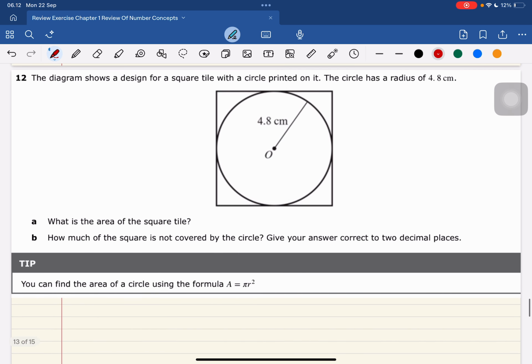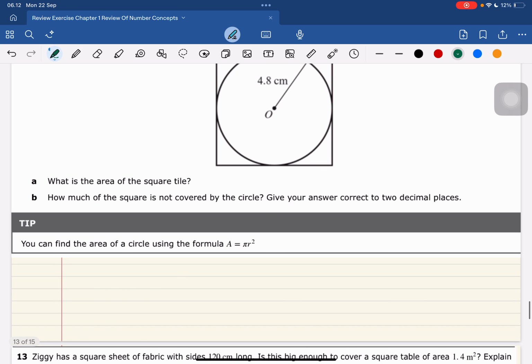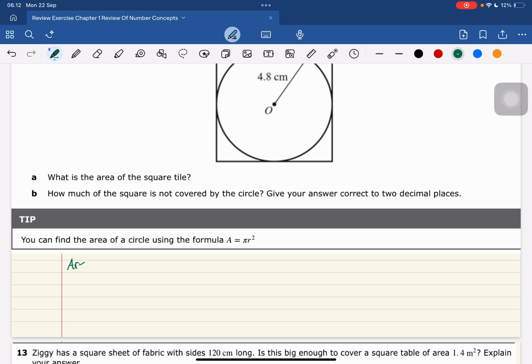Next, for 12, the diagram shows a design for a square tile with a circle printed on it. The circle has a radius of 4.8. Okay, for the square, let's find the area of the square. Area of the square equal to side squared.